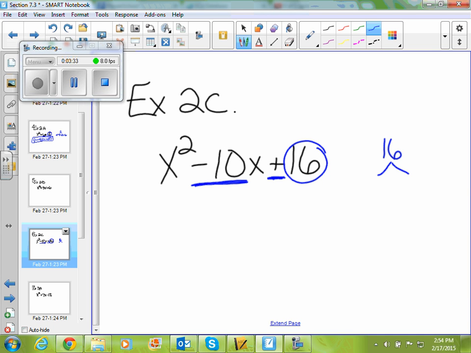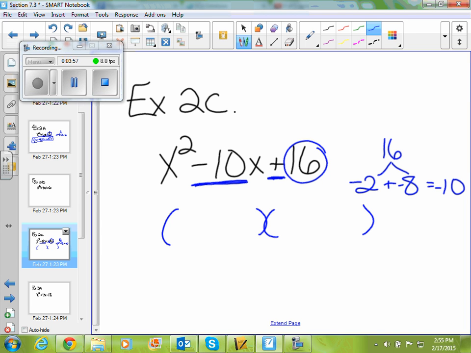So what are some factors? What did you say, Chloe? 2 and 8. 2 plus 8 gives me 10, yes, and that also multiplies to 16. Okay, but I wanted negative 10, so I just put negatives in front of everything. No, it's not cheating. It might be considered a shortcut, but it's not cheating.